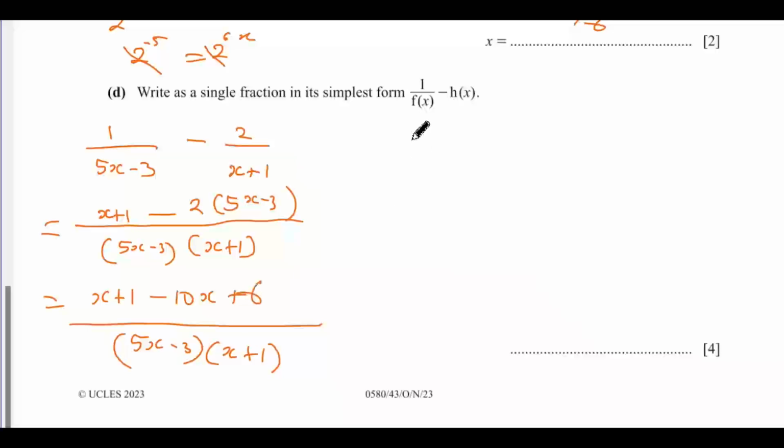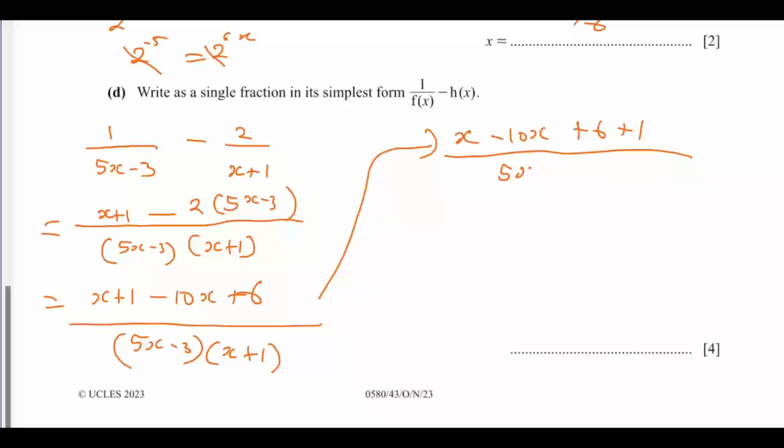If you simplify this, we have x minus 10x, then plus 6 plus 1, over 5x minus 3 into x plus 1. So this and this will be 7, and this will be minus 9x.